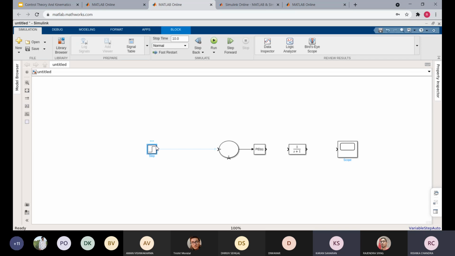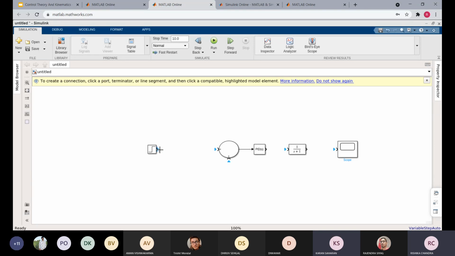So now do all the connections. You find this end here, this triangular end. Just double click on that and drag it and join here.